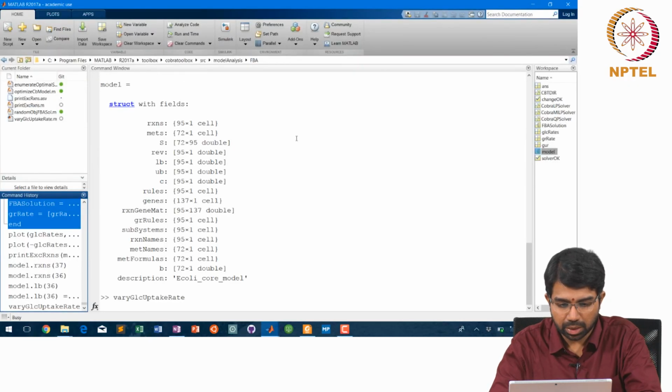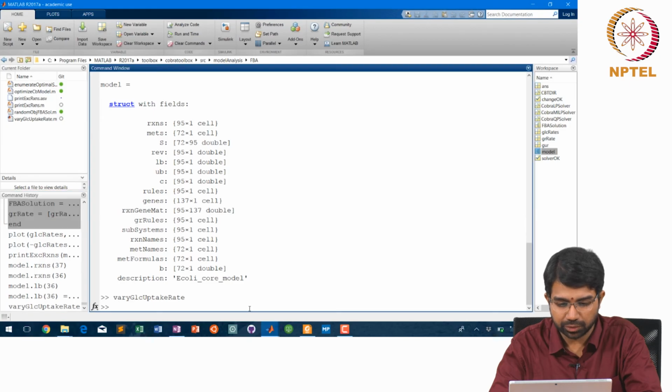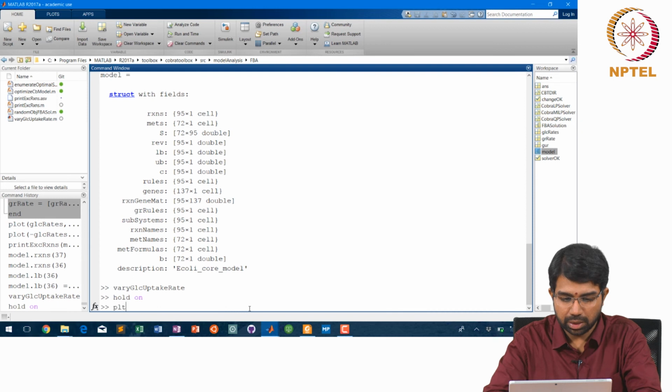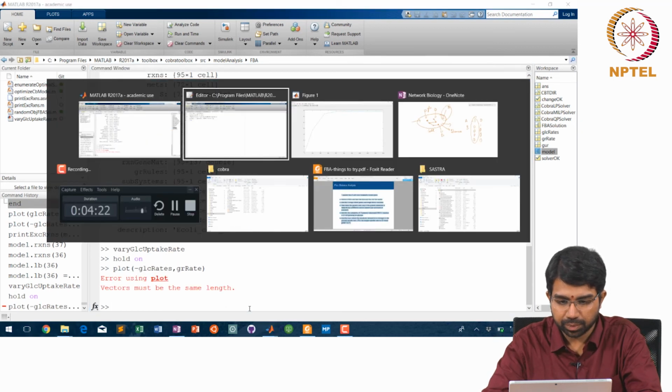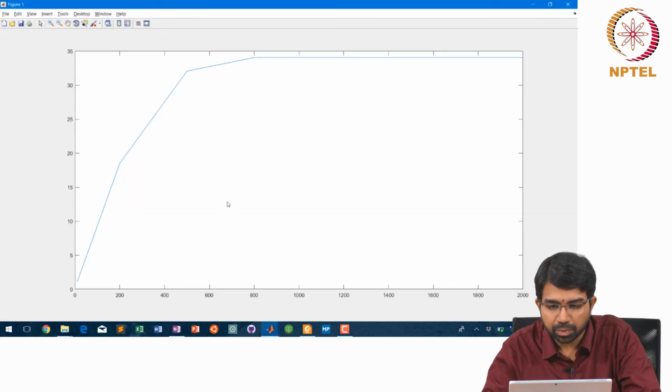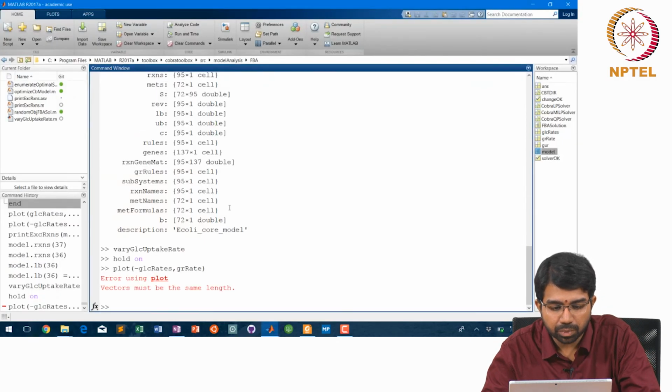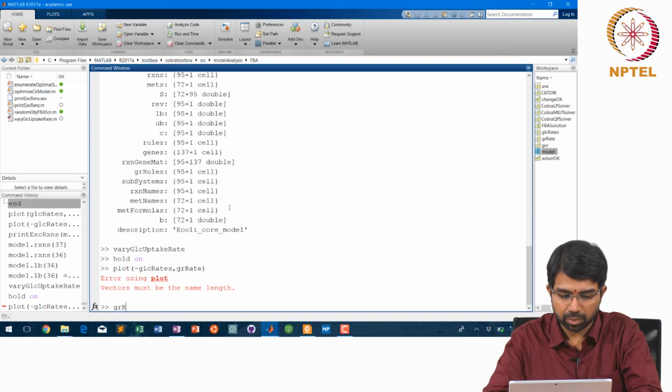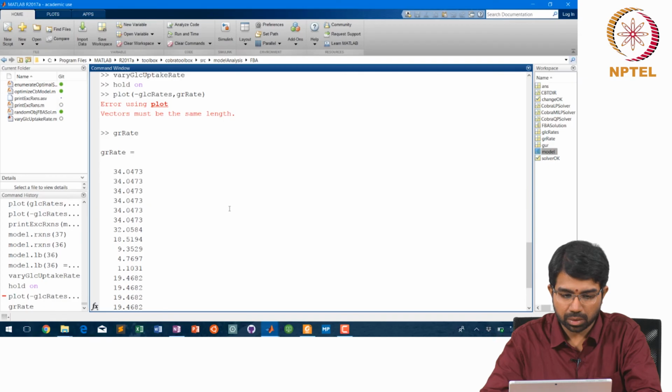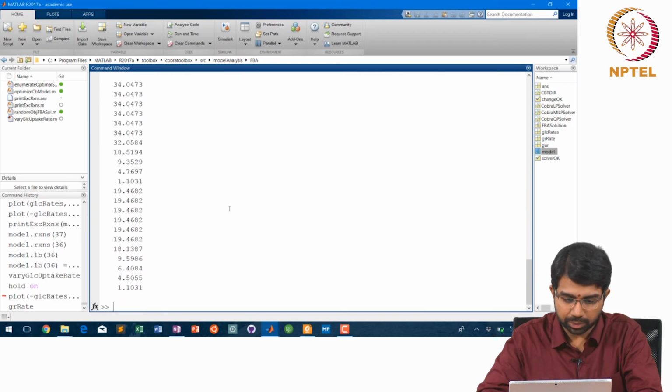So, I have a new set of growth rates, I will just say hold on and plot it again. I did not reset the value.